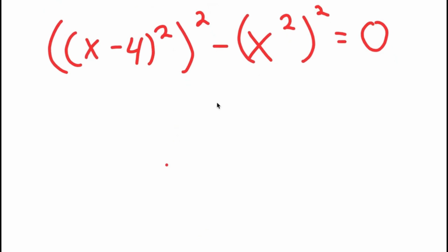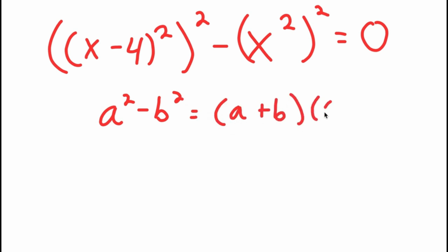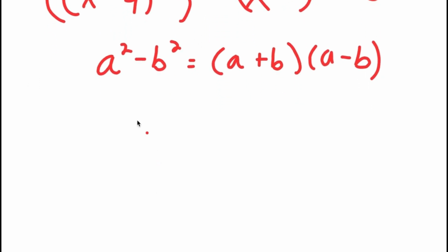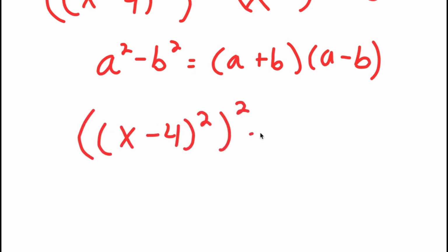Now from here, I can use the algebraic property that states that if I have something in the form a^2 − b^2, this is equal to (a + b)(a − b). So in this case, I have ((x − 4)^2)^2 minus (x^2)^2 is equal to 0.